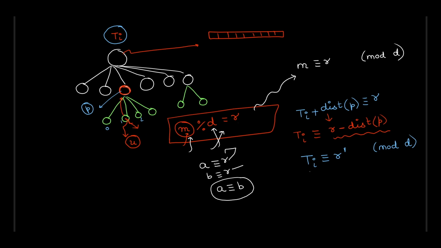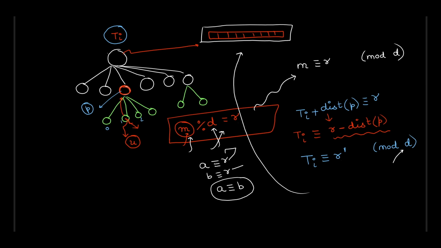So here you can see that in the modular d world, all the ti's, and this time we have actually removed all the distance and stuff, we have moved them to the right hand side. So if you look at the original array in this modular d world, then all the ti's which are equal to r prime in this world will arrive over here.